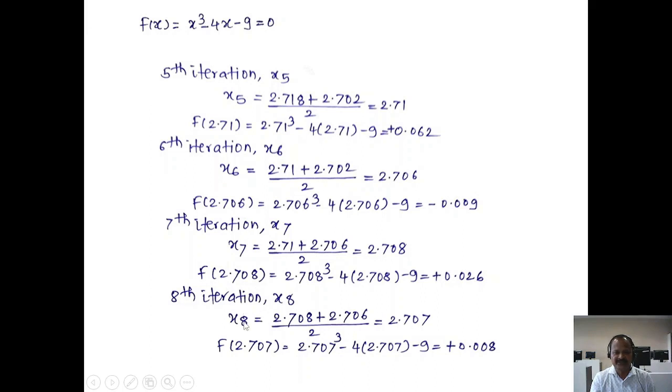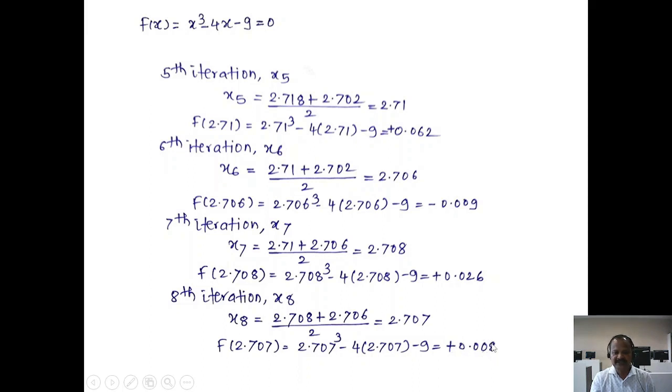So for the 8th iteration, x8 is equal to 2.708, the positive value, plus 2.706, the negative value, divided by 2. The answer is 2.707. So f of 2.707 is equal to 2.707 cube minus 4 into 2.707 minus 9, and the answer is a positive 0.008.